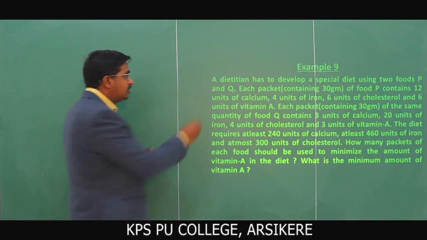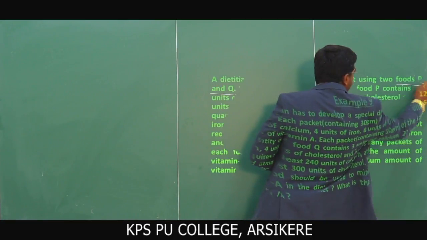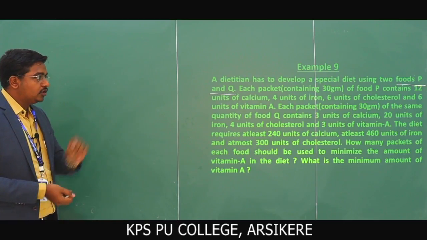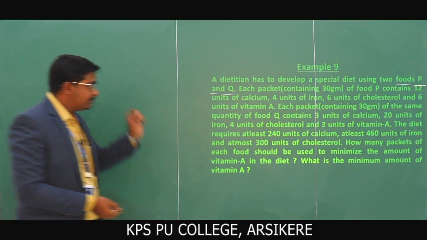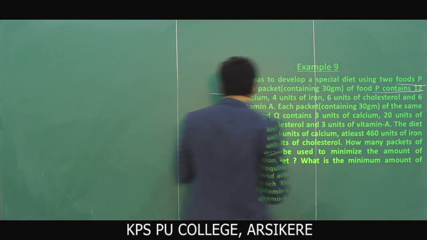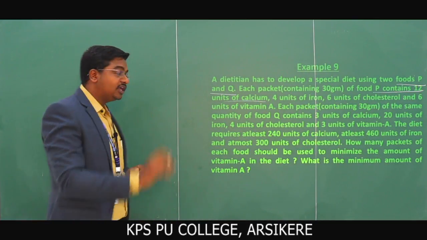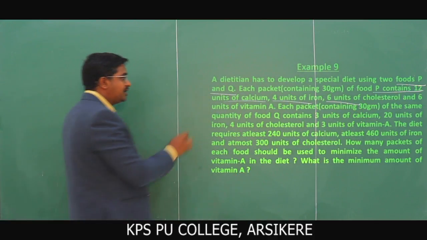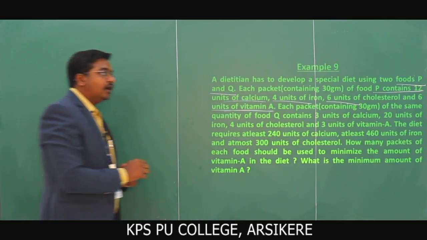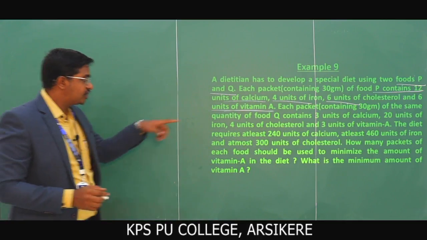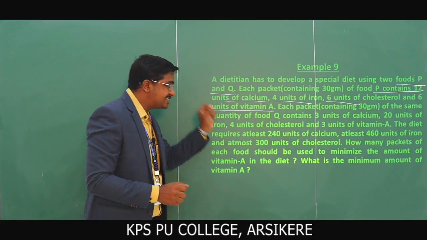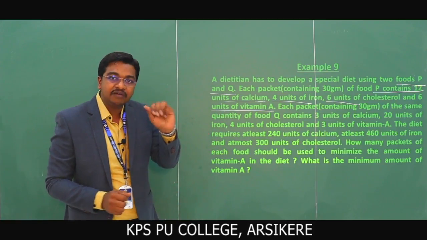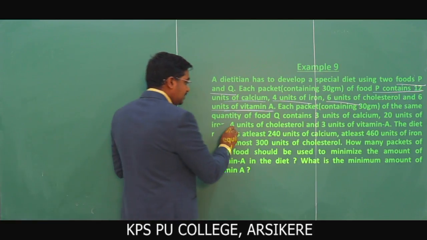They have given two types of food P and Q. Food P contains 12 units of calcium, 4 units of iron, 6 units of cholesterol and 6 units of vitamin A. And each packet of the same food Q contains 3 units of calcium, 20 units of iron, 4 units of cholesterol and 3 units of vitamin A. These are the things here.